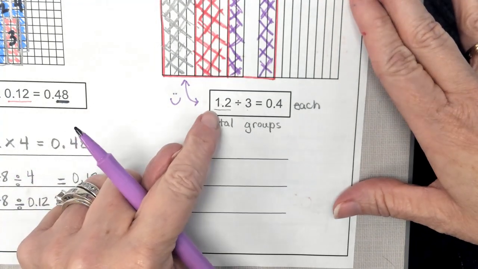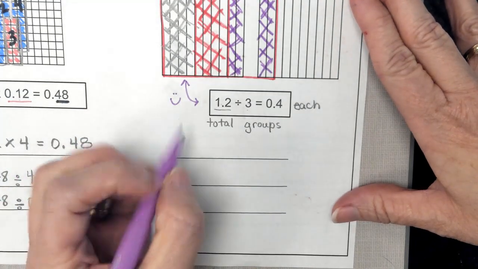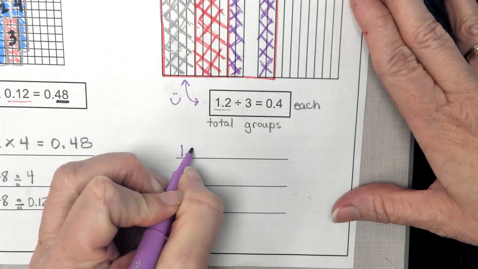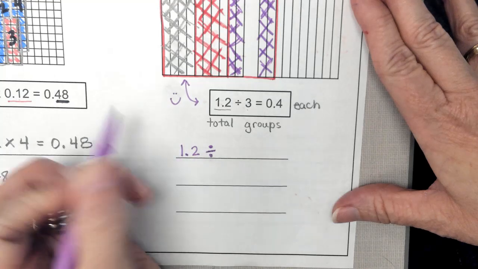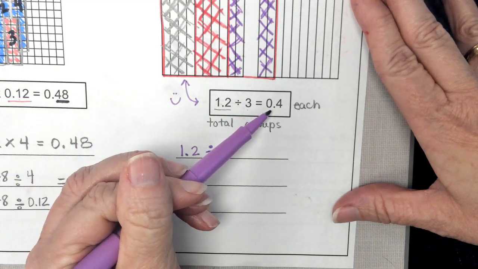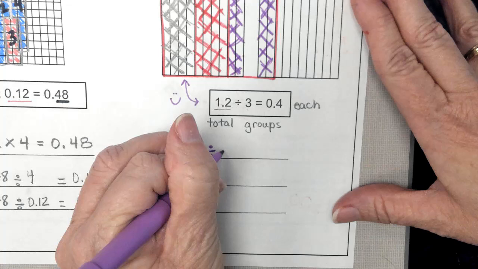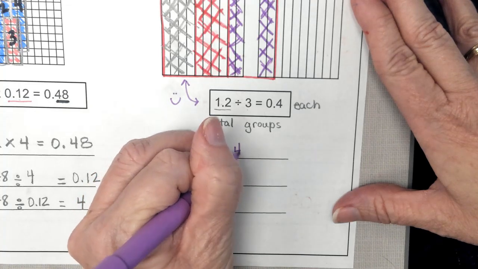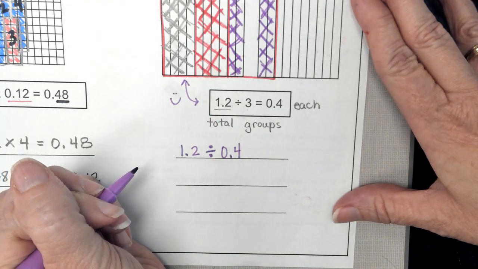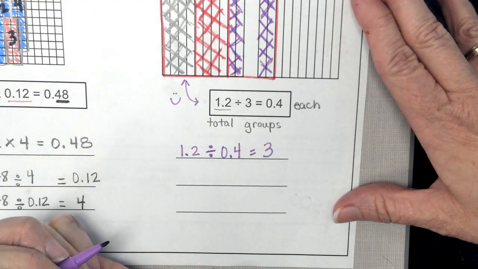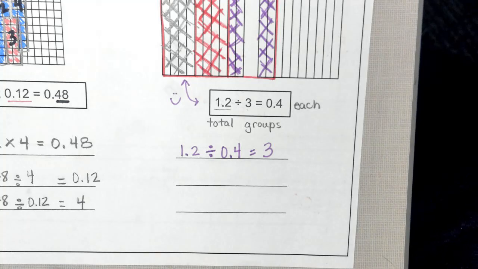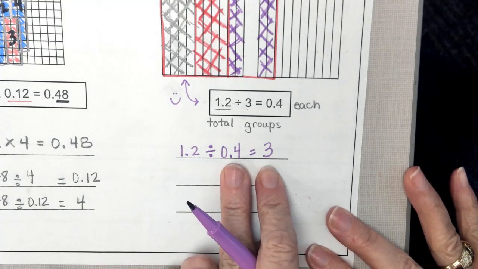Another way we could look at this is, if we start with 1 and 2/10 and we divide by 4/10, then we should get 3 groups. So we can just flip our groups and our each around.